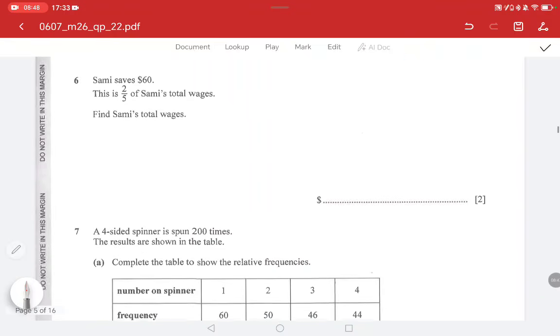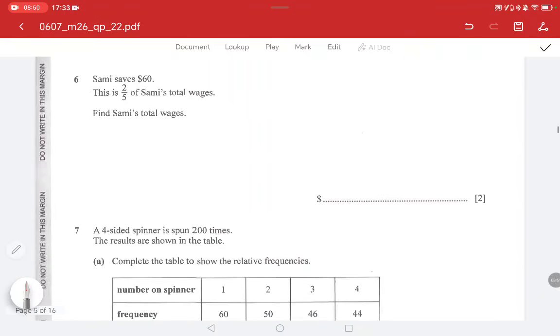Next one. Sammy saves $60. This is 2/5 of Sammy's total wages. Find Sammy's total wages. They said that this is 2/5 of the total. So the total times 2/5 should give me this $60.